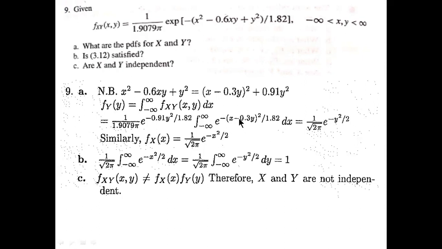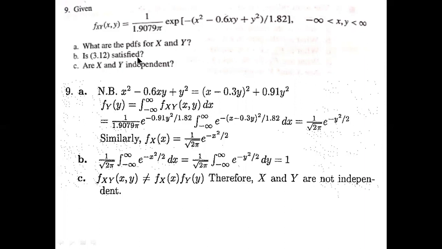Okay, now integral of this quantity, you can do it and we will get correspondingly this. Okay, 1 by root of 2 pi e to the power of minus y squared by 2. Okay, similarly, you can write fxx equal to 1 by root 2 pi e to the power of minus x squared by 2.